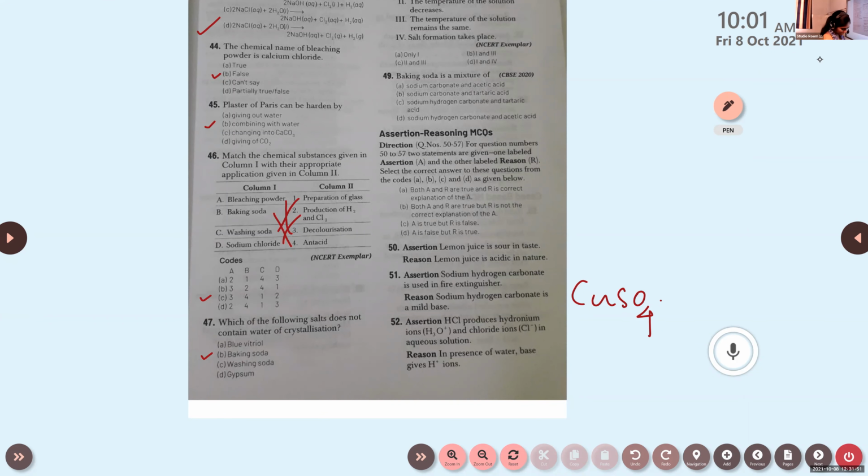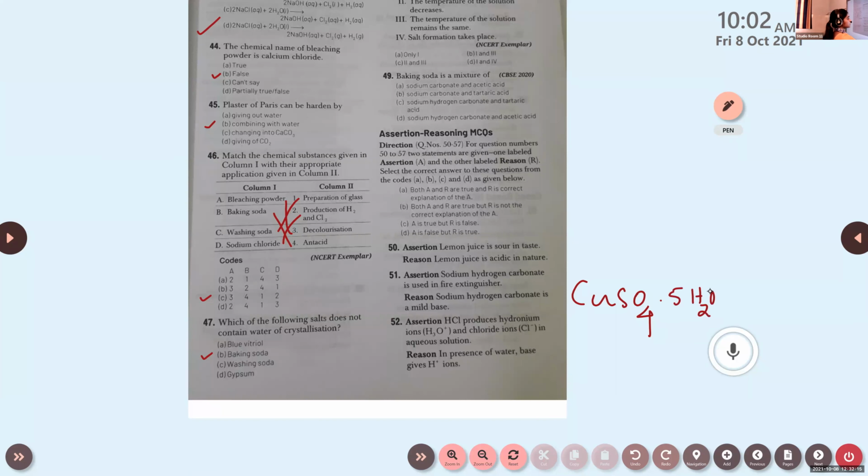Look at the textbook, page number 30. It's 5.